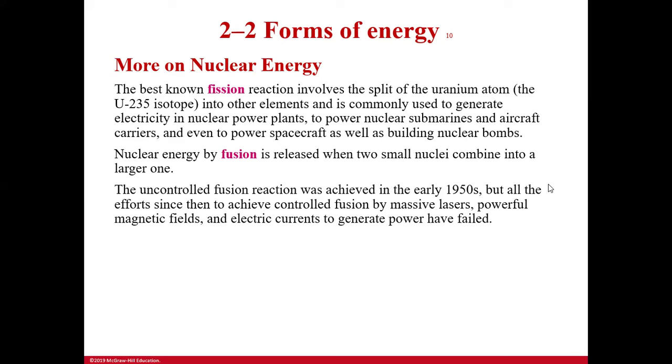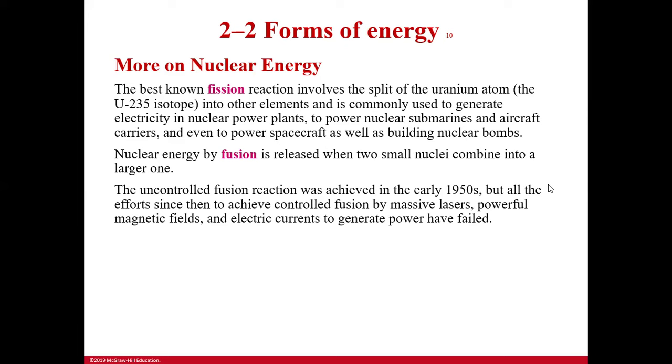Nuclear energy by fusion is released when two small nuclei combine into a larger one. The difference between fission and fusion, as you understand, is that fusion combines nuclei. The uncontrolled fusion reaction was achieved in the early 1950s, but all the efforts since then to achieve controlled fusion by massive lasers, powerful magnetic fields, and electric currents to generate power have failed.